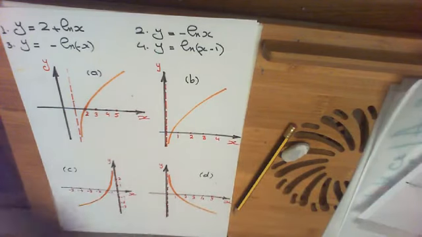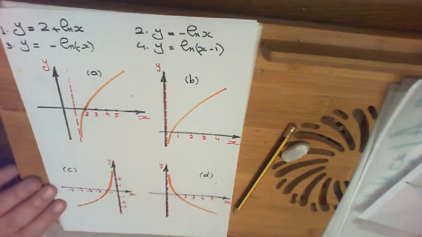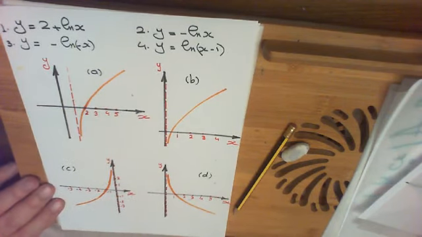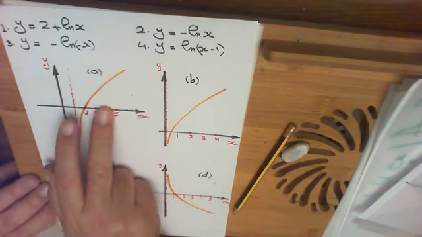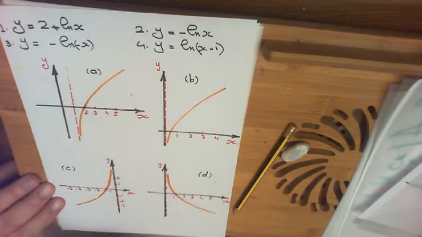Now, as you see, look at the graph and look at the equations and match one with another. Okay, which one will you start with? A or B or C or D?